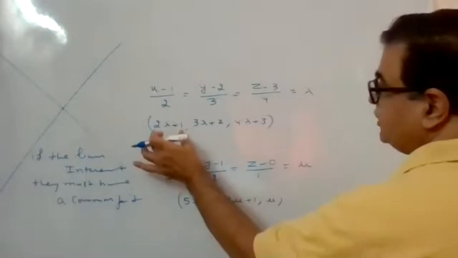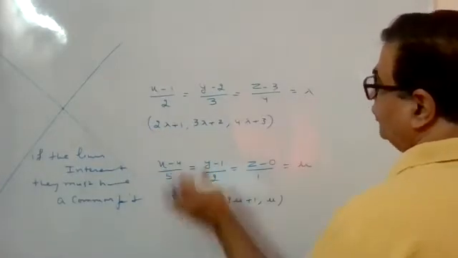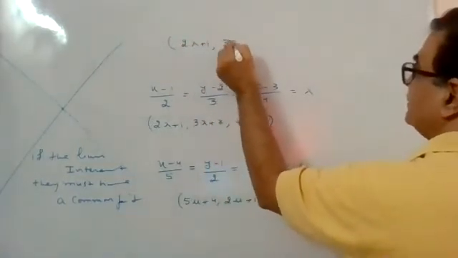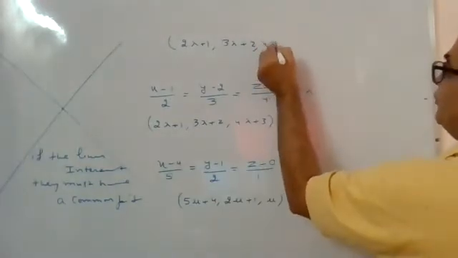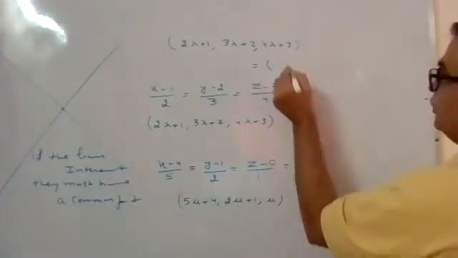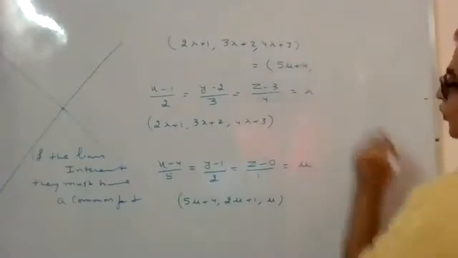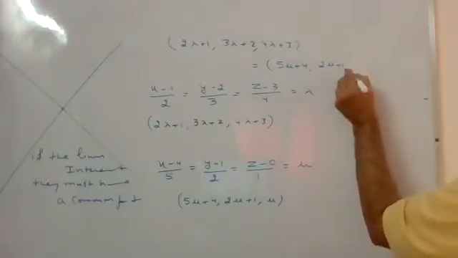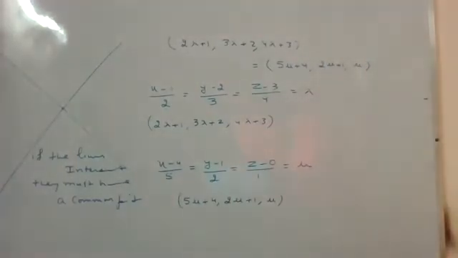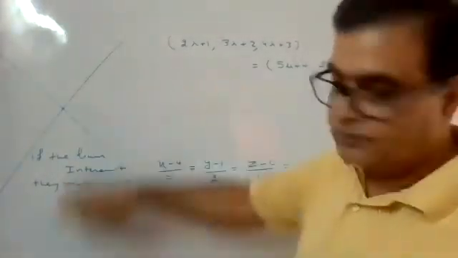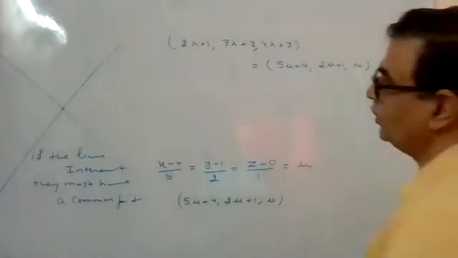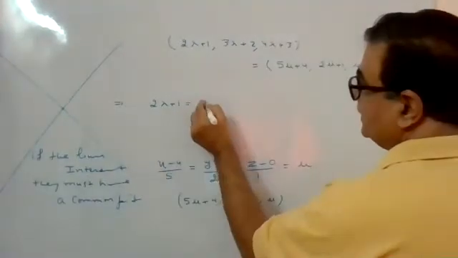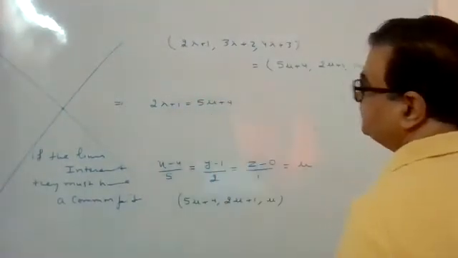So for this, what I'm saying is, 2 lambda plus 1 is 5 mu plus 4. Or I should say first, 2 lambda plus 1, 3 lambda plus 2, 4 lambda plus 3 is equal to 5 mu plus 4, 2 mu plus 1 and next is mu. They are equal. If they are equal, this implies 2 lambda plus 1 equals 5 mu plus 4.